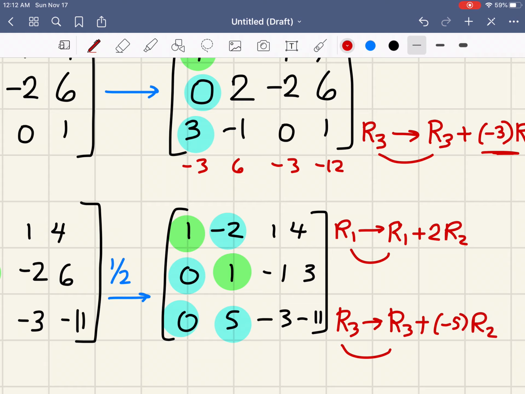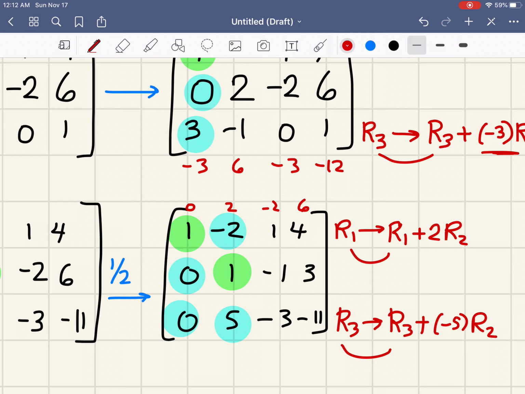So that's going to be my new rows. And like what I did up here, I like to write this out, so I'm going to do it over here. In my first, 2 times row 2, I get 0, 2, -2, and 6.